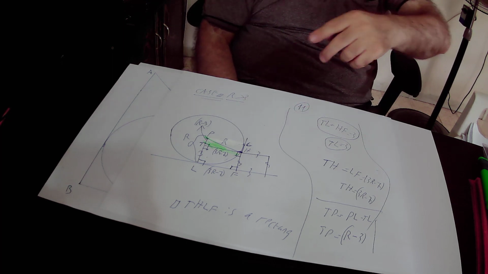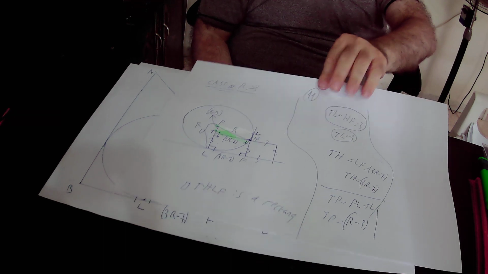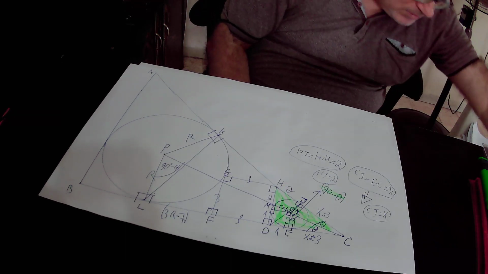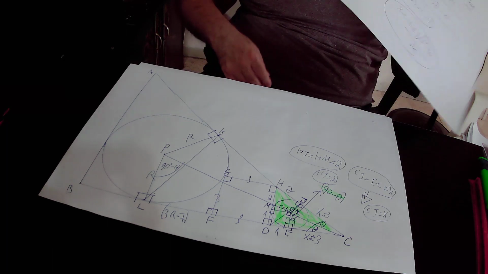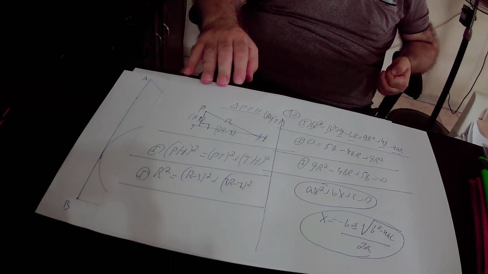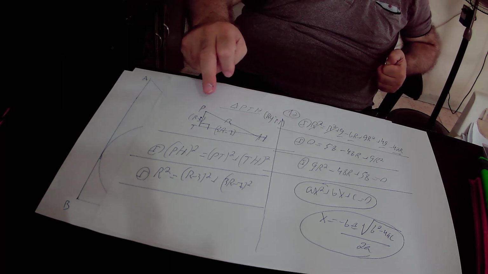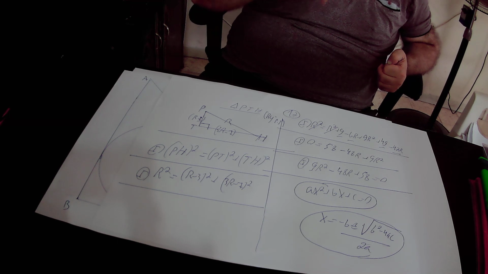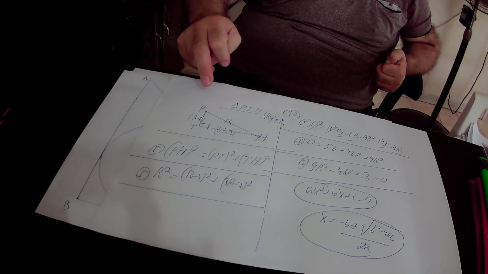Then we implemented the Pythagoras theorem on the right green triangle, triangle PTH. According to the Pythagoras theorem, the square of the hypotenuse equals the sum of the squares of the perpendiculars, that is to say PH square equals PT square plus TH square. PH equals R, therefore PH square is R square.